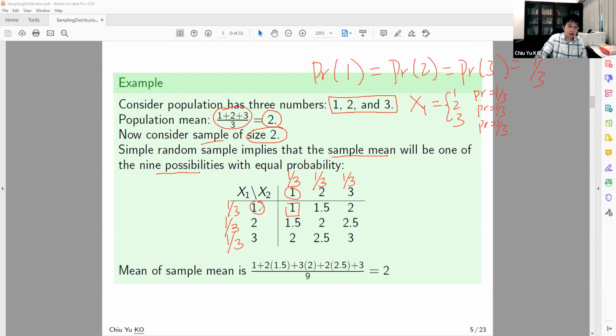If the first draw is 1 and the second is 2, then it's 1.5. So and so forth, you can complete this table.